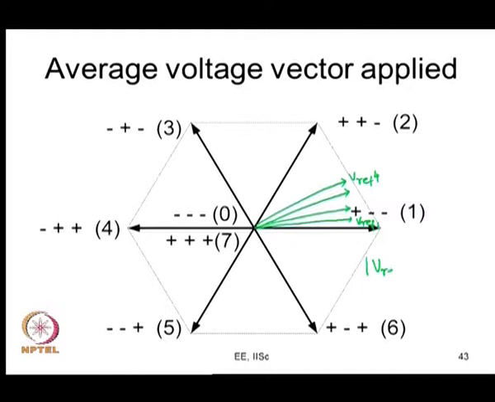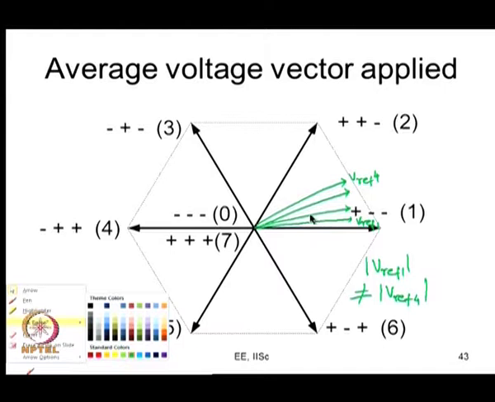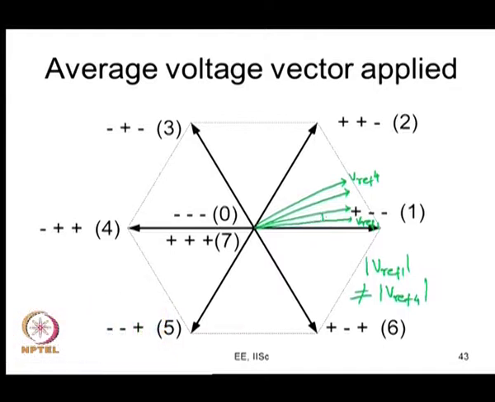Magnitude of Vref 1 is not equal to magnitude of Vref 4 or Vref 2, whatever the other ones that you can look at now. So, the magnitudes keep changing, but how about the angles? These angles are still equal. How much are they? That is equal to omega ts. This angle is also roughly equal to omega ts, may not be exactly, but roughly. This is how the nature of variation is.